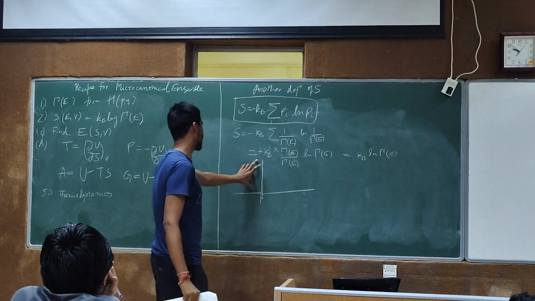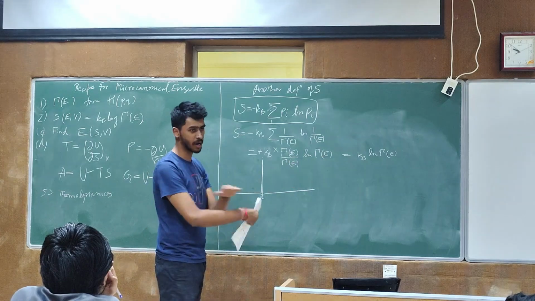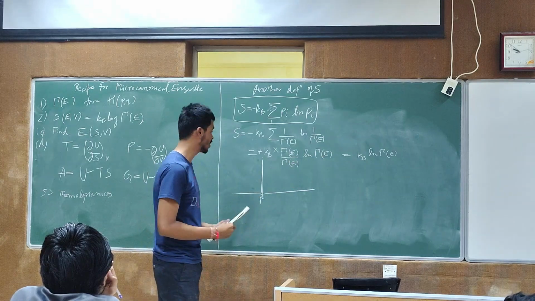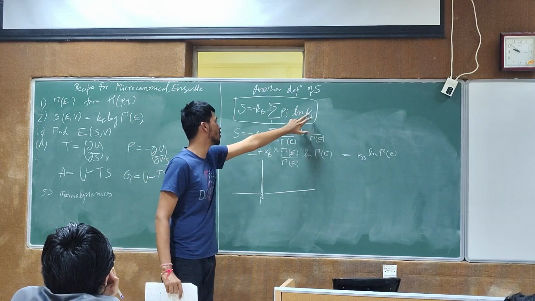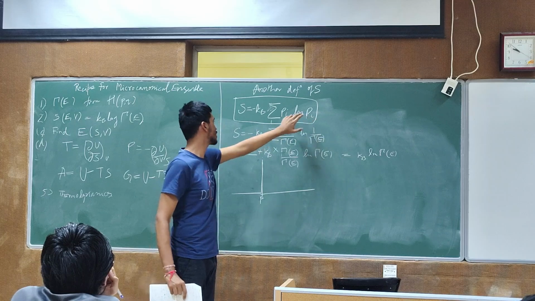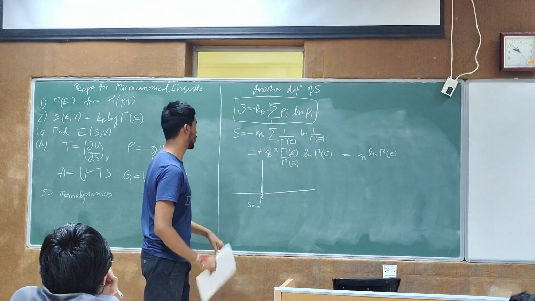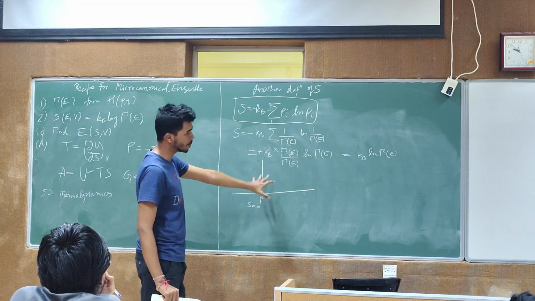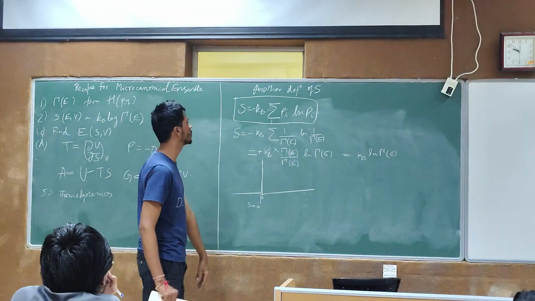If your probability is 1 for this and 0 for everything else, that means you have complete information about the system. If you substitute that, all the other terms are 0 and log of p_i, for the one of them, would be 0. So you would get S equal to 0. When you have complete information about the system, you have S equal to 0.